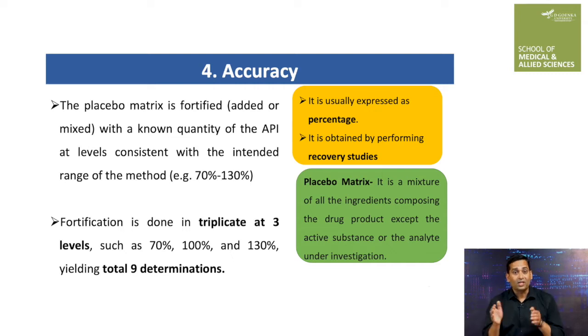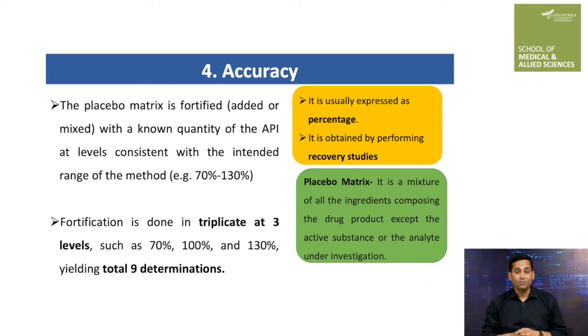To perform recovery studies, placebo matrix is fortified with a known quantity of the API. It means we have to mix a known quantity or known amount of API to the placebo matrix. This amount of API must lie within the intended linearity range of the method.